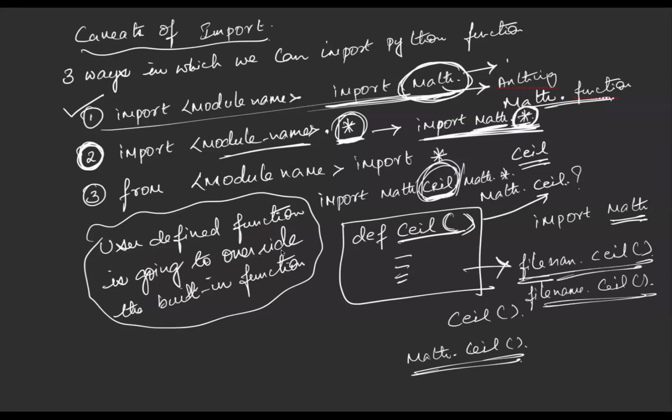Python will not know which ceil function we are trying to call if both are existing, right? Hence, Python will keep the function in your program and will discard the function that has been adopted.